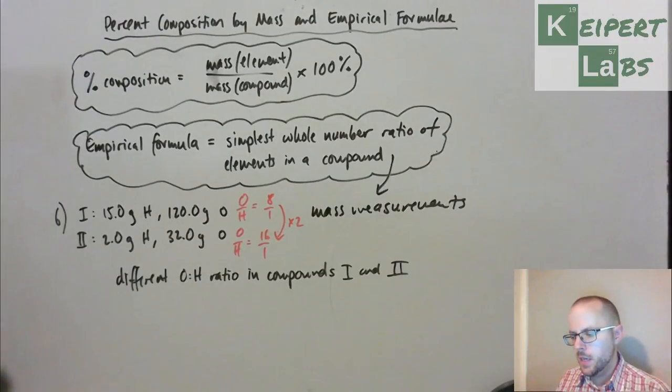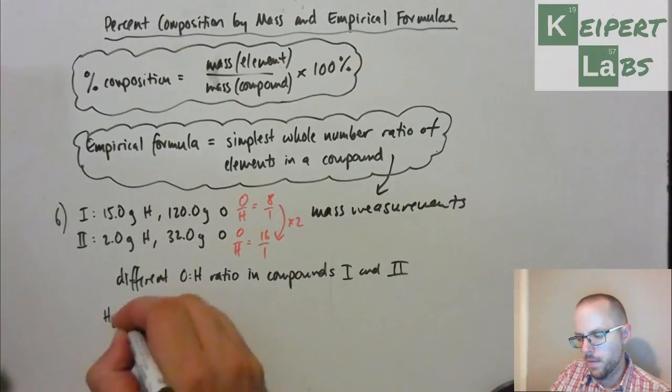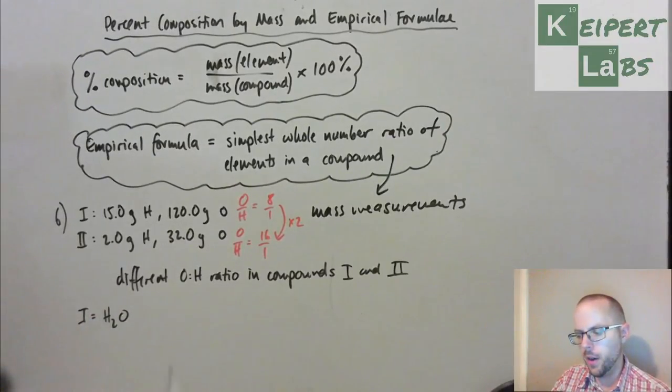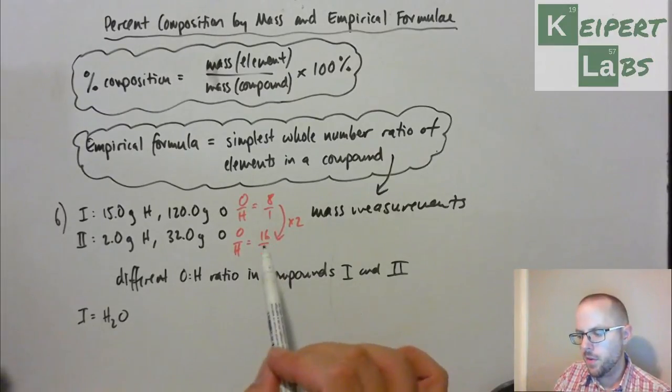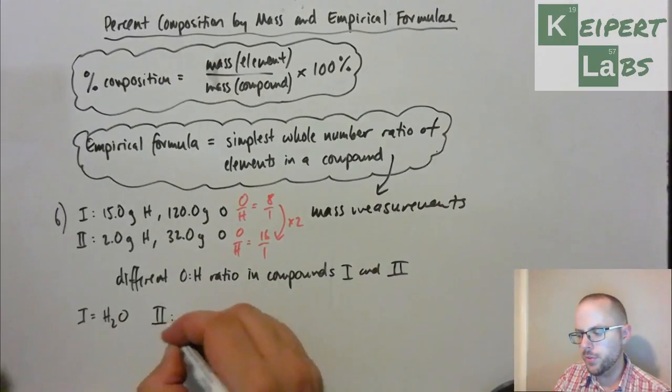We're told that if compound 1 is water, H2O, so that our oxygen-hydrogen ratio represents that, what's the logical answer for what compound 2 could be?